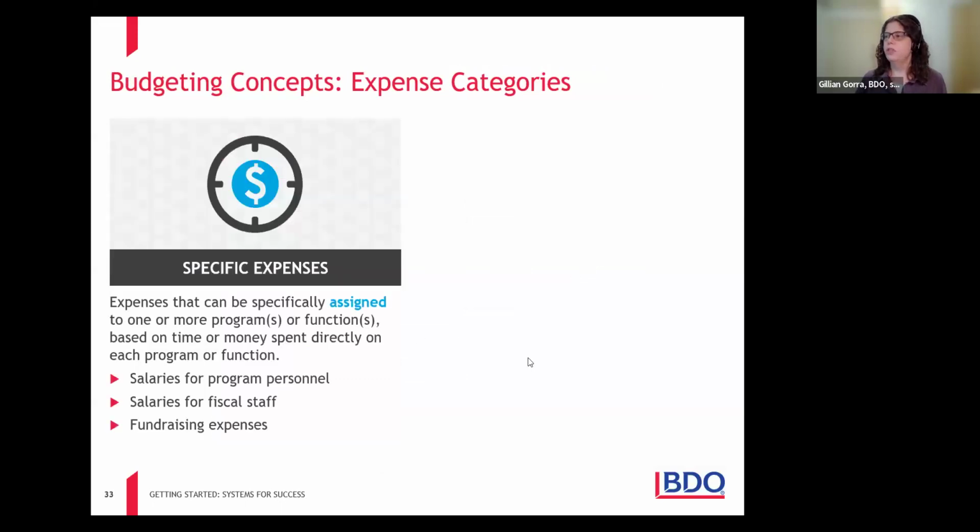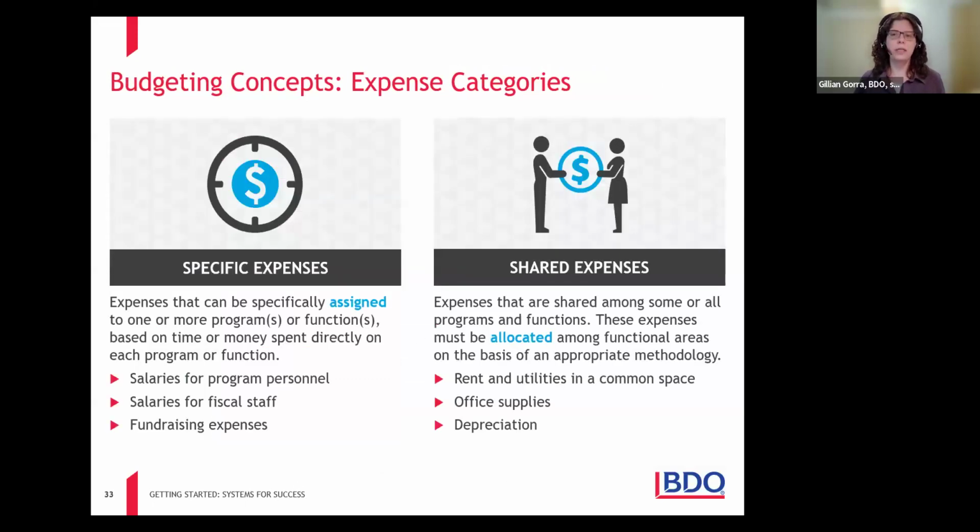So then we've got, I'm just going to pull them up here, two different ways to look at our expenses. We've got something called specific expenses, and these are expenses that can be assigned specifically to one or more programs or functions. So let's say, again, I'm going to go to an after school example. Let's say we have an after school program and you have teachers in your after school program. Their salaries are specifically assigned to after school programming, right? Easy.